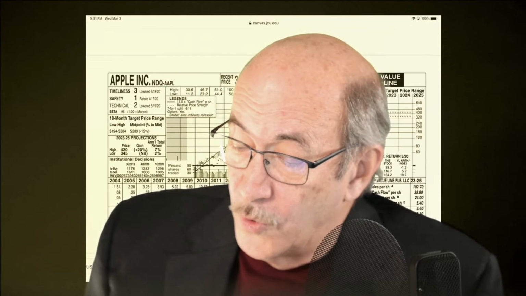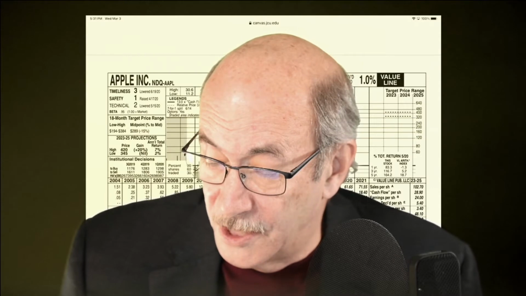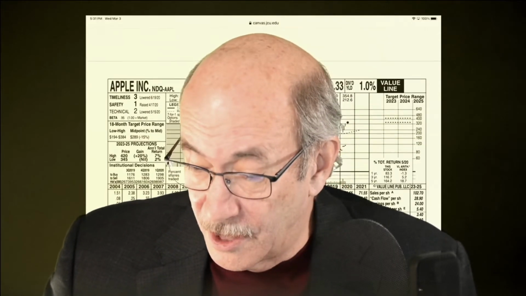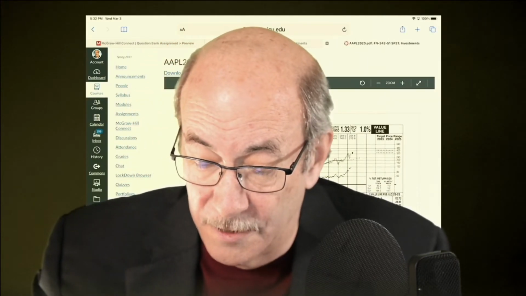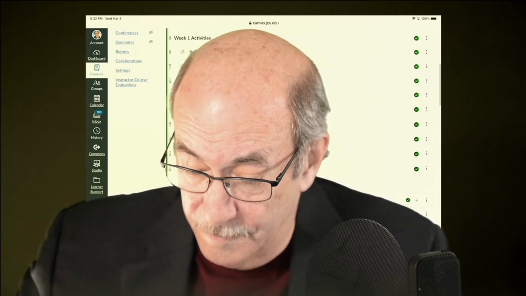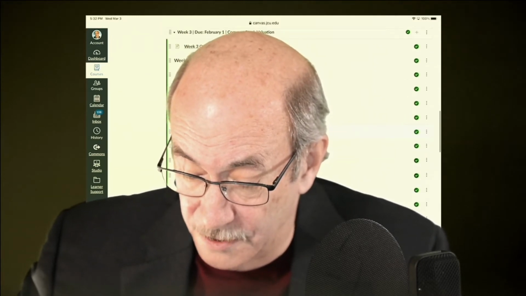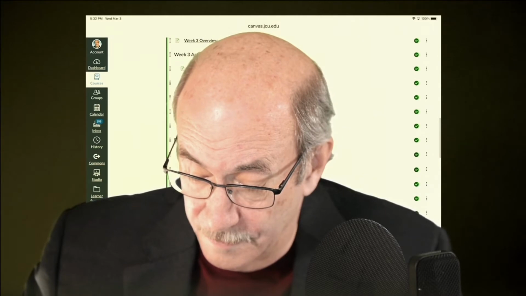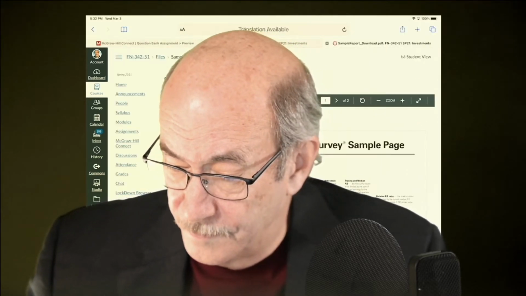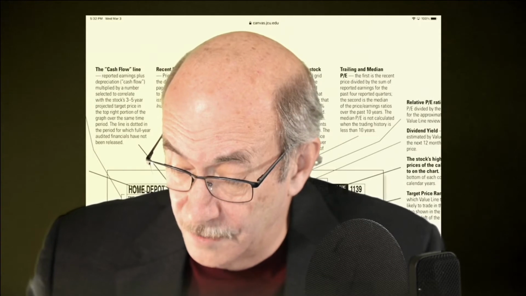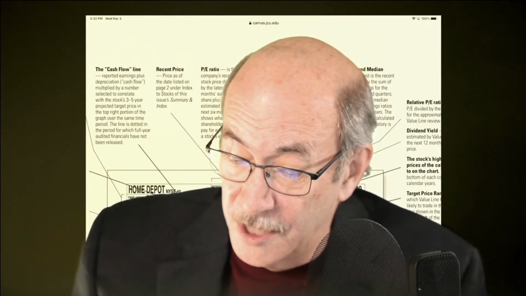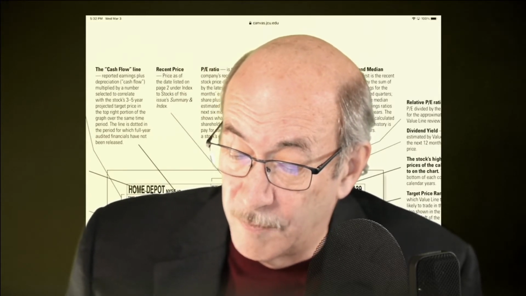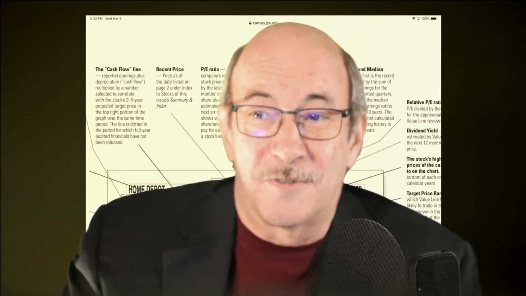Part of why you may be having difficulty finding that is my assumption, and I'm pretty sure this is correct, if we go back to the how to read a Value Line page, if we look here, this is the company's recent stock price divided by the latest 6 months earnings per share plus earnings estimated for the next 6 months.